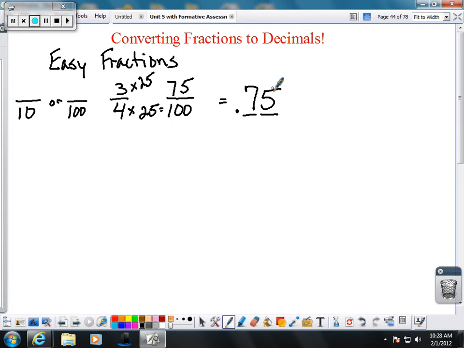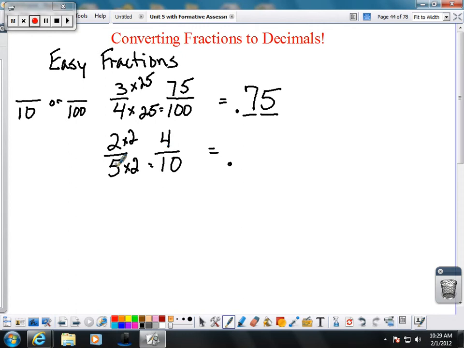A couple more examples that were easy fractions that we looked at. We can do 2/5, which we did the other day. Again, I want to make that into its decimal equivalent. I can make 2/5 into tenths or hundredths, so let's just do tenths. That'll be nice and easy. 5 times 2 equals 10, and what I do to my bottom number, I do to my top number. 2 times 2 is 4.